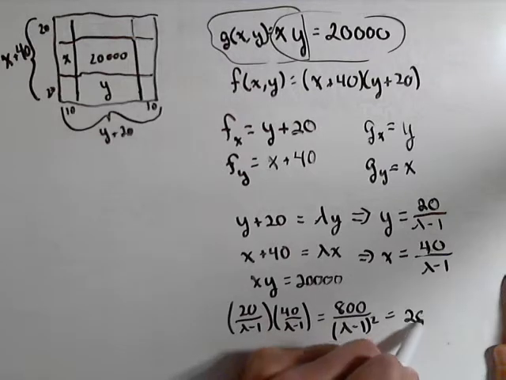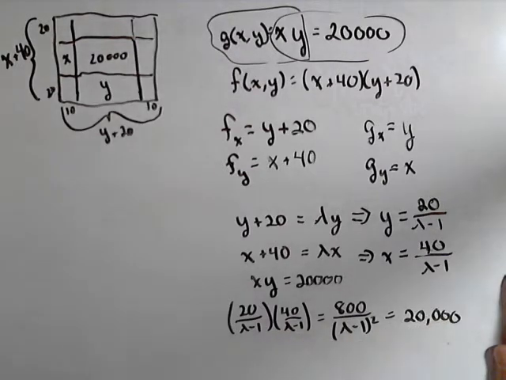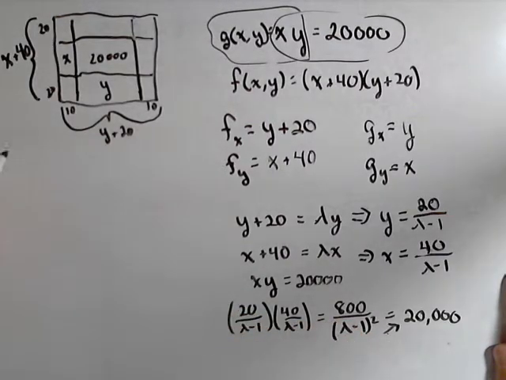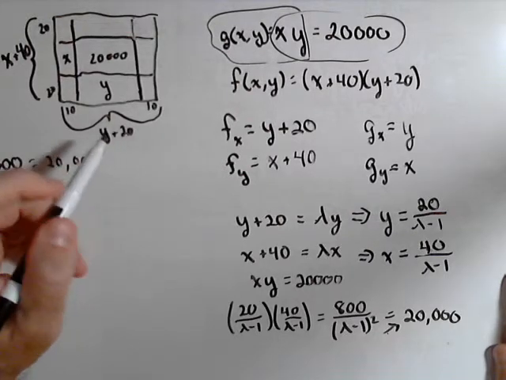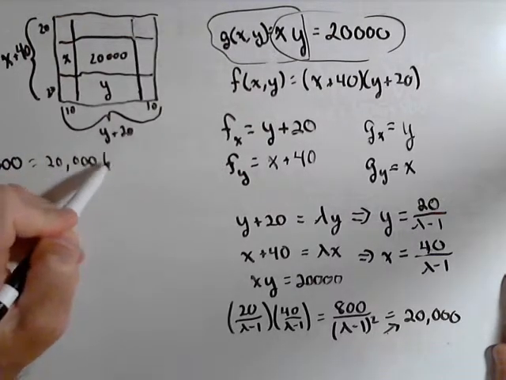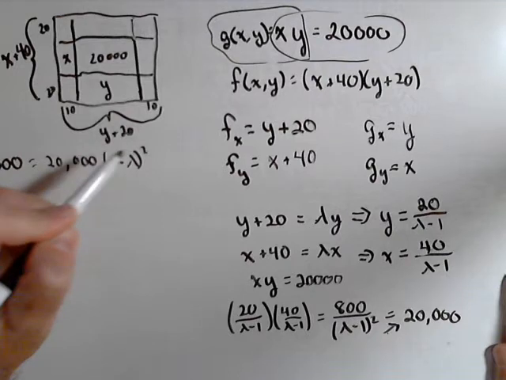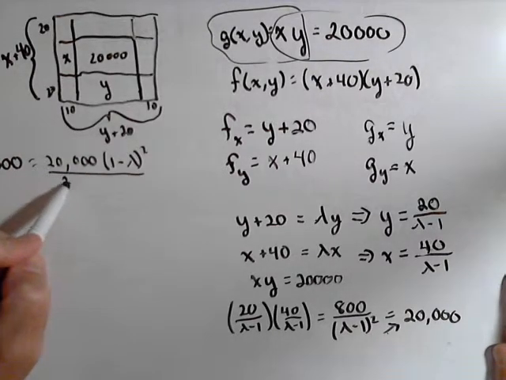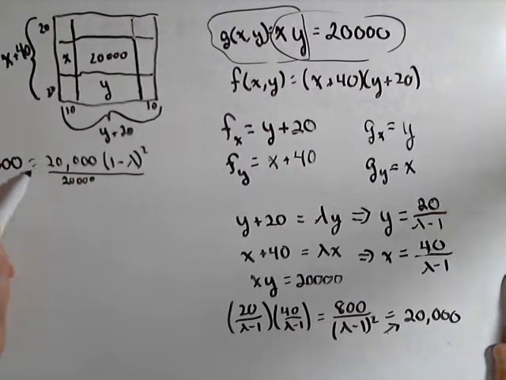is equal to 20,000. So we need to solve this for lambda. What I'm going to do is cross multiply the lambda. So right now I have 800 equals 20,000 times lambda minus 1 squared. So we'll divide both sides by 20,000. And this actually simplifies kind of nice.